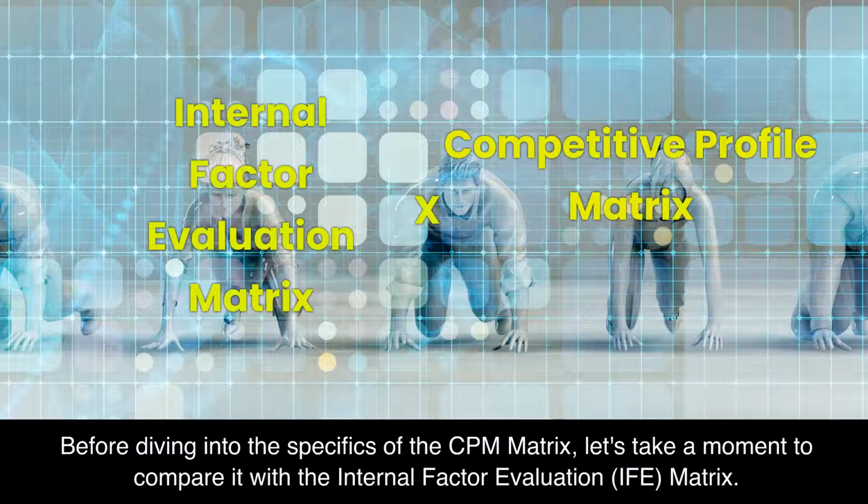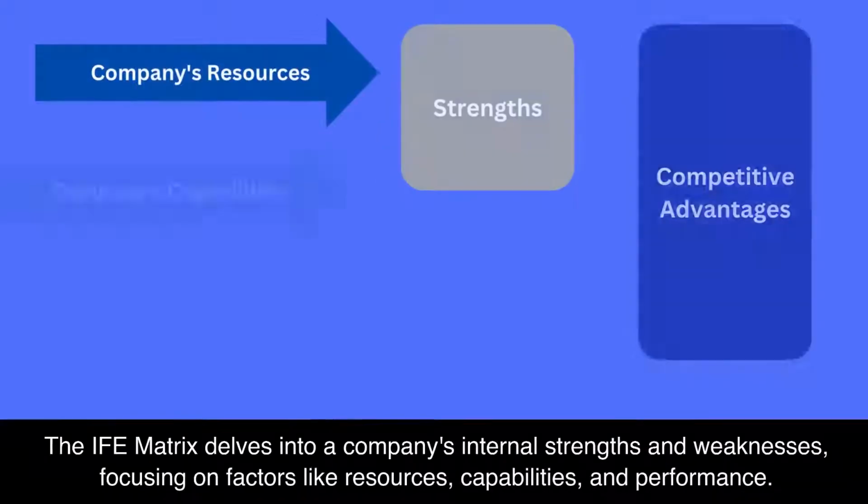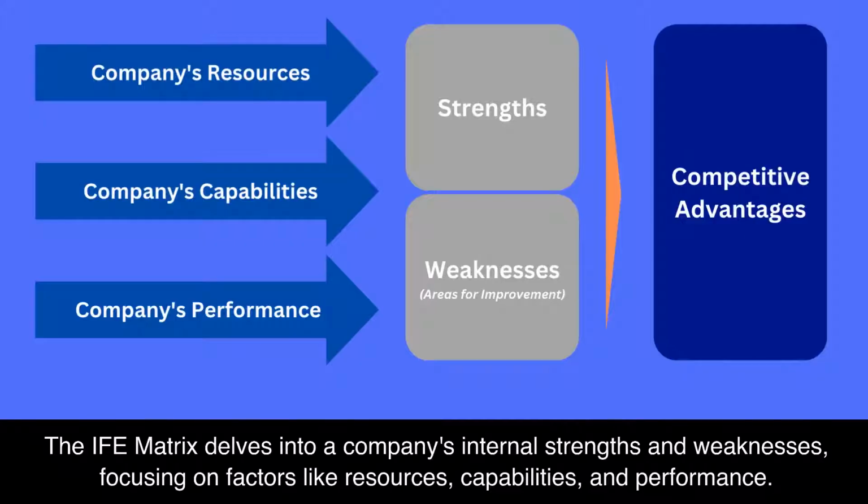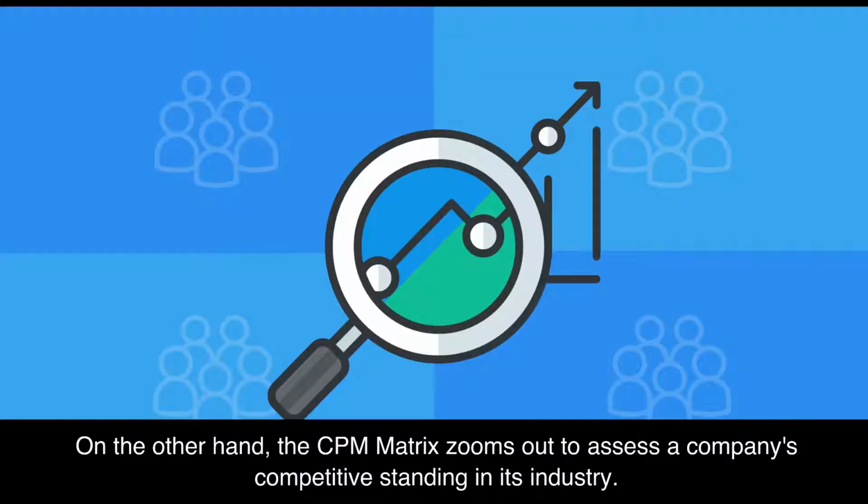Before diving into the specifics of the CPM matrix, let's take a moment to compare it with the Internal Factor Evaluation (IFE) matrix. The IFE matrix delves into a company's internal strengths and weaknesses, focusing on factors like resources, capabilities, and performance. On the other hand, the CPM matrix zooms out to assess a company's competitive standing in its industry.